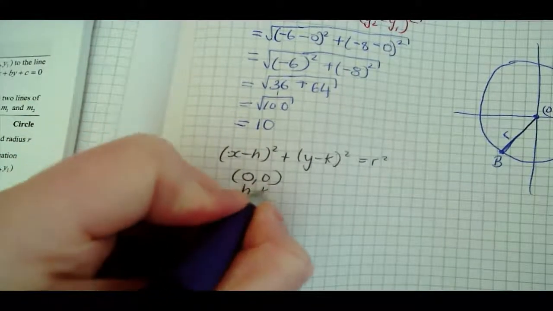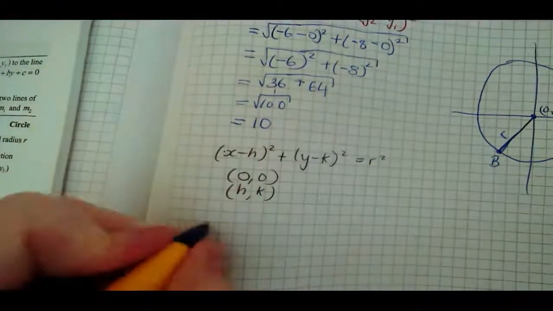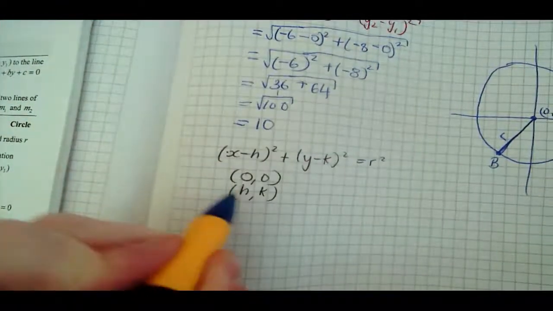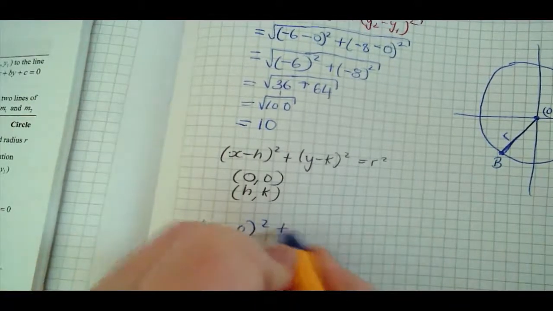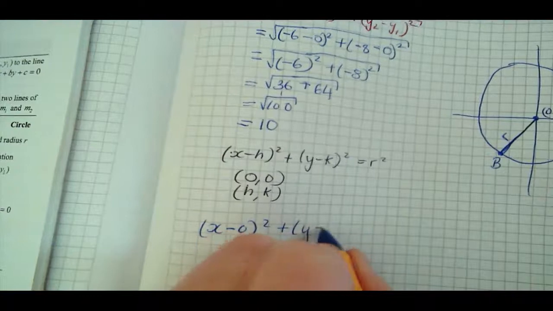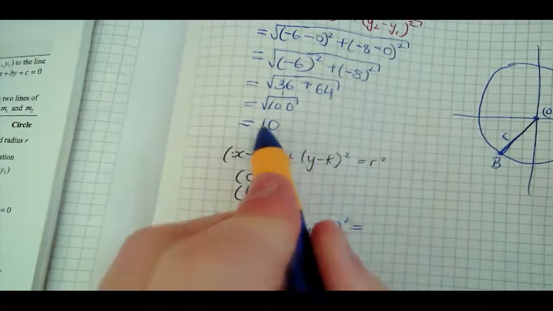We know that 0, 0 is our center, so that's h and k. So x minus h, which is 0, all to be squared, plus y minus k, which is 0, all to be squared is equal to r squared.